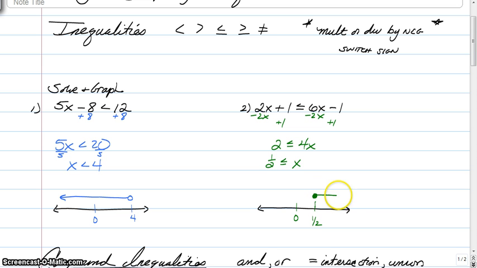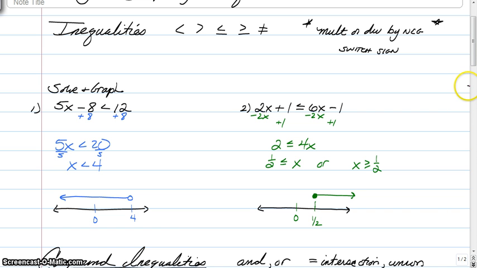In this situation, we would be pointing to the right because it says that 1/2 is less than or equal to x, which means x is bigger. That's why we're pointing to the right. Or, remember, you can just rewrite it as x is greater than or equal to 1/2. It's pointing away from x in this one, so if you rewrite it, you want to make sure the arrow is pointing away from x as well.